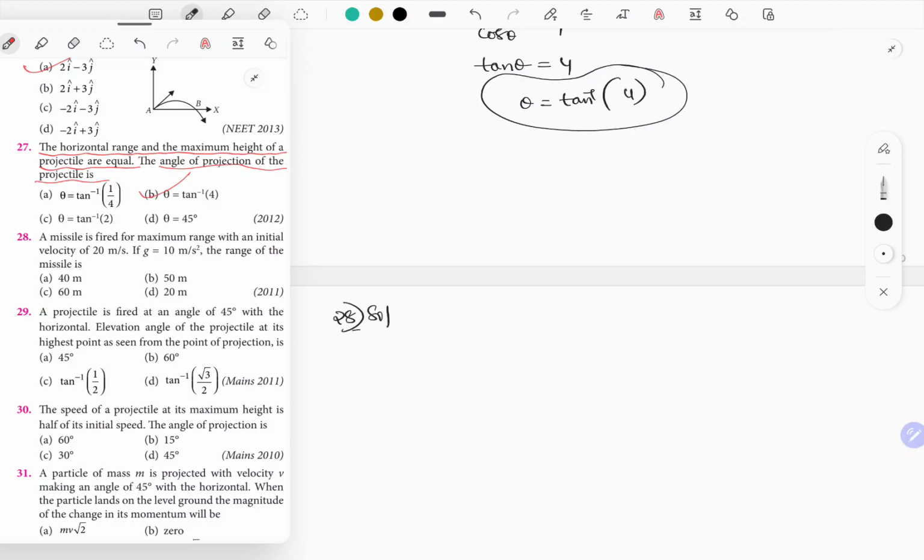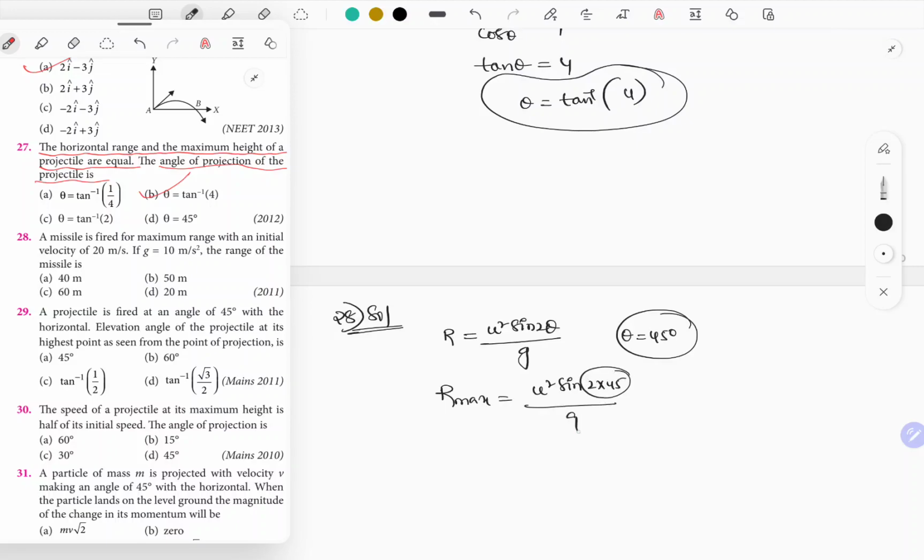What's the formula for range? R is equal to u square sine 2 theta by g. At what value of theta is R going to be maximum? Theta is equal to 45 degrees. Then R maximum is equal to u square sine 2 into 45 divided by g.